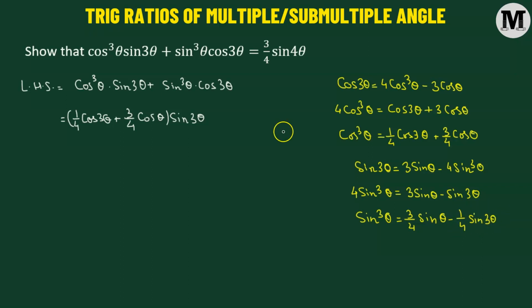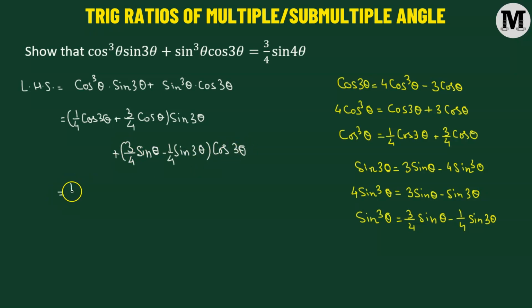So we're going to use this particular value in place of sine cubed theta. So we get 3 over 4 times sine theta minus 1 over 4 multiplied to sine 3 theta. So this gets multiplied to cosine of 3 theta.